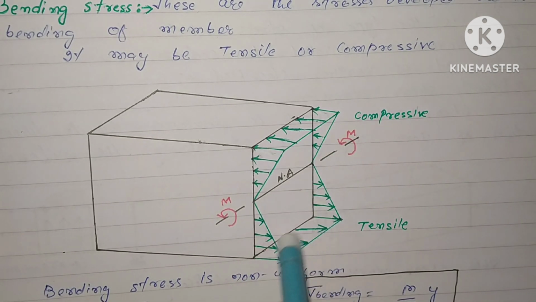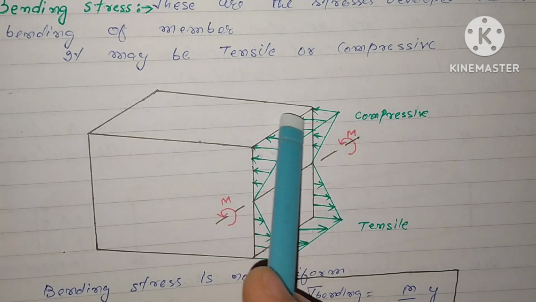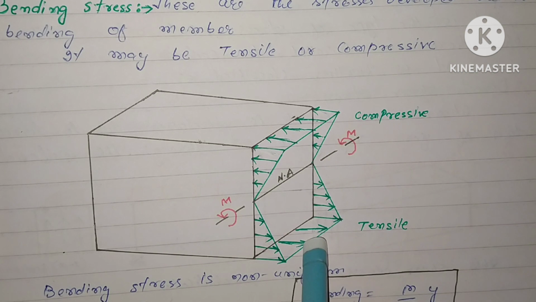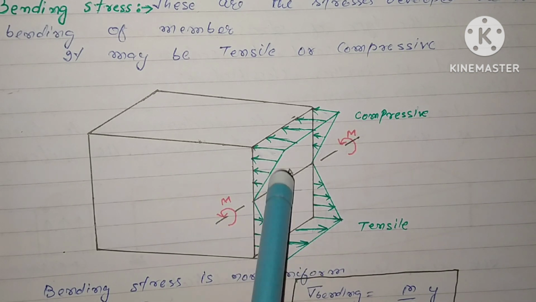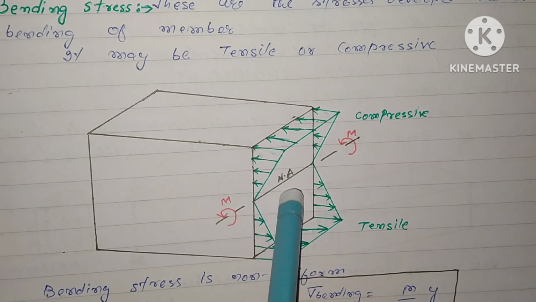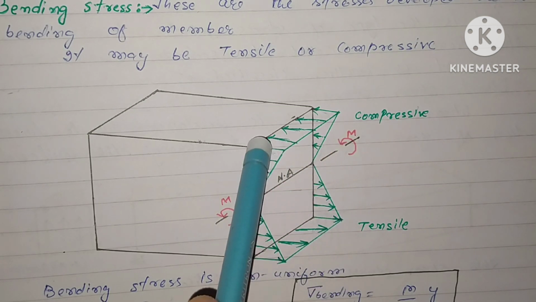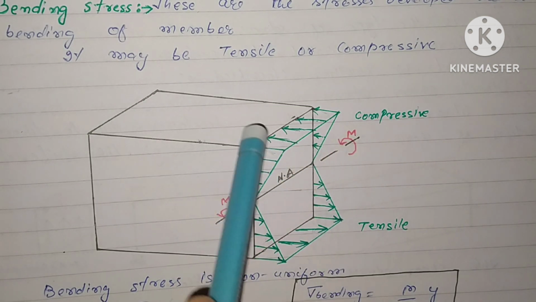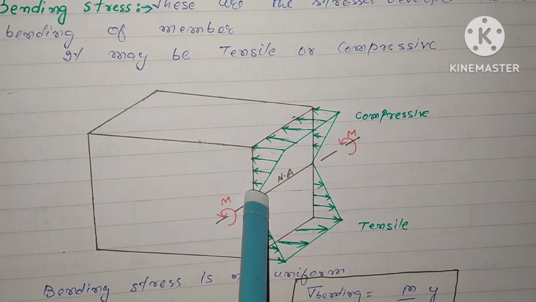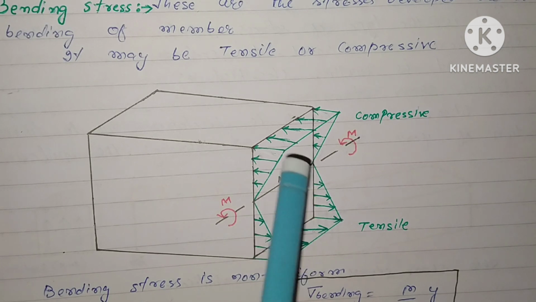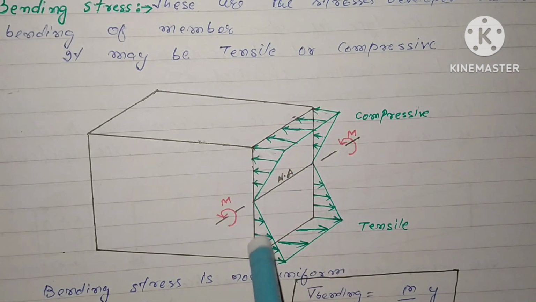The stresses are maximum at the outer fiber. Above the neutral axis if it is compression, then it will be tension below the neutral axis, and vice versa. The compressive stress is maximum at the outer fiber and zero at the neutral axis. Again, the tensile stress is maximum at the outer fiber and zero at the neutral axis. That is the distribution of bending stresses.